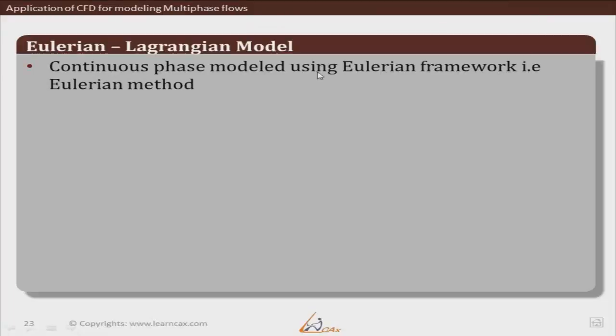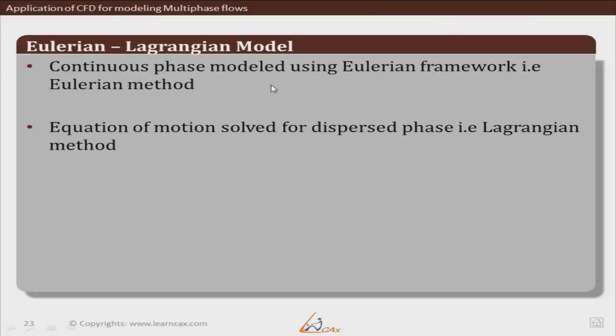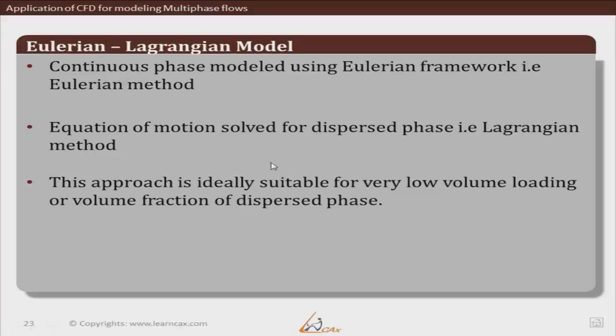So for the Eulerian-Lagrangian model, the continuous phase is modeled using the Eulerian framework, that is the Eulerian form of governing equations. But for the dispersed or secondary phase, the equation of motion, or Lagrangian method, is used. Since we are not actually modeling the flow behavior of the secondary phase by using governing equations, this particular approach is possible only in that case where the flow of the secondary phase is not affecting the bulk flow behavior to a large extent.